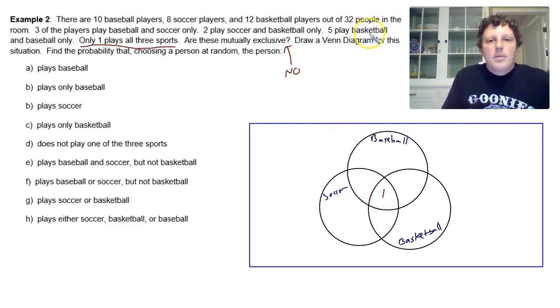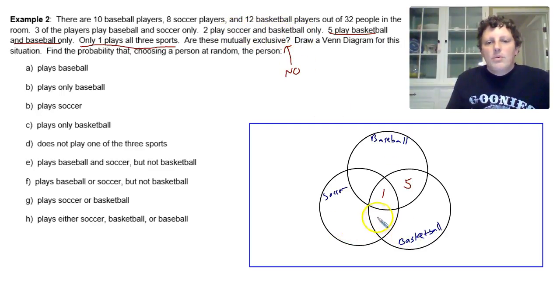And then from there, I'm going to try to build out. 5 players play basketball and baseball only, okay? So basketball and baseball only means that they are in this spot right here, because only means that they don't play soccer, right? It's only basketball, only baseball, so we've handled this part. 2 play soccer and basketball only, okay?